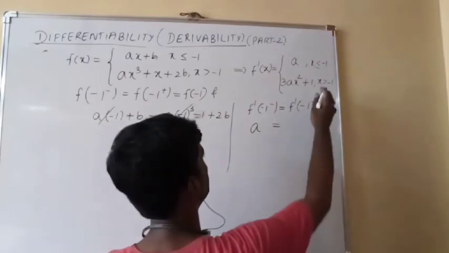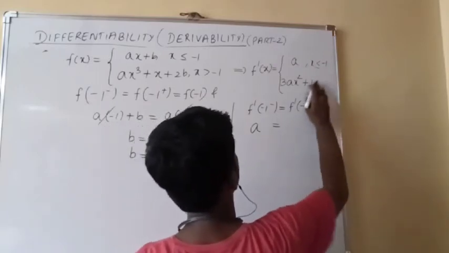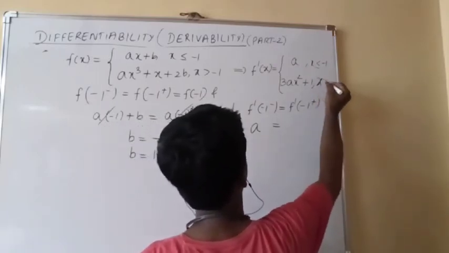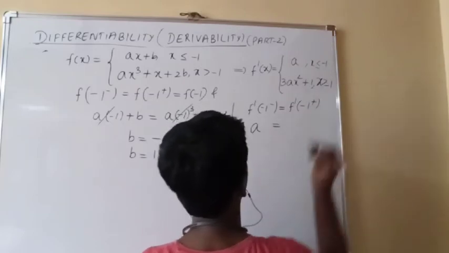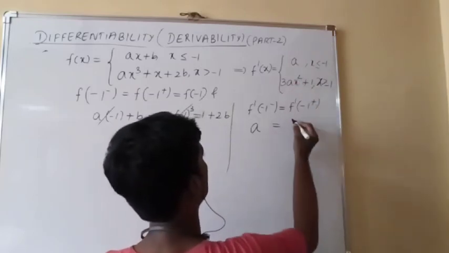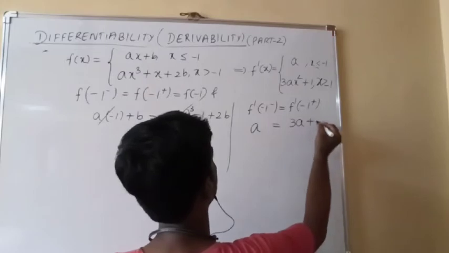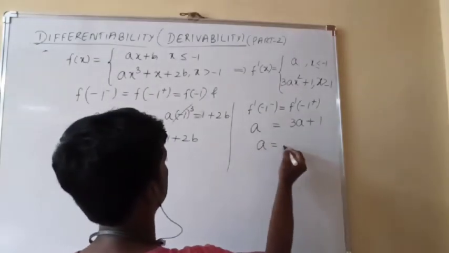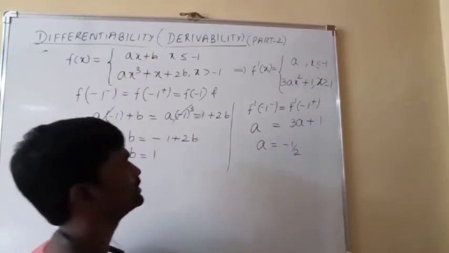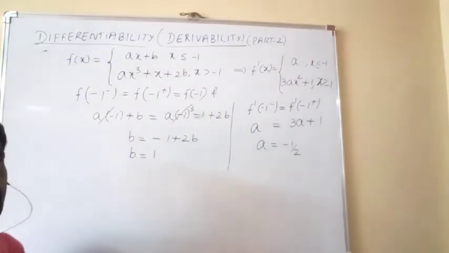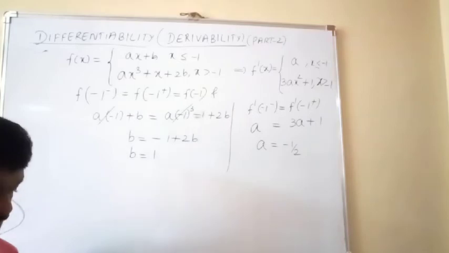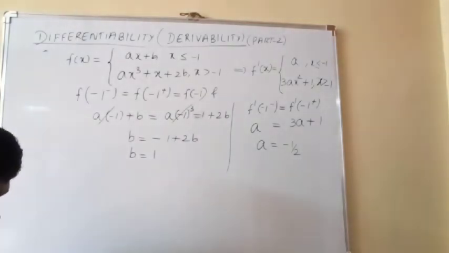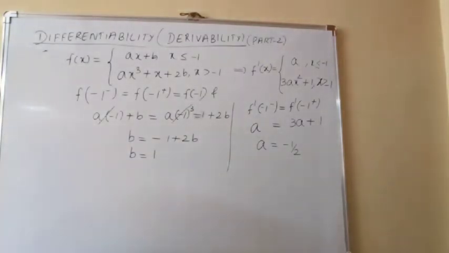And to get the right hand derivative at minus 1, put minus 1 here. What you will get? 3a into minus 1 whole square is 3a plus 1. On simplifying, a is equal to minus 1 by 2. Thus b value is 1, a value is minus 1 by 2. And it's the same model problem. You take homework.